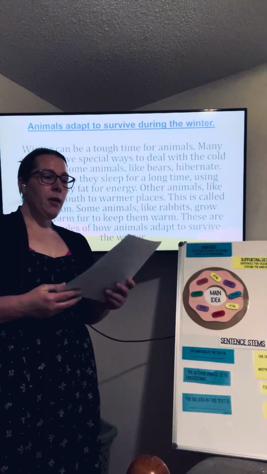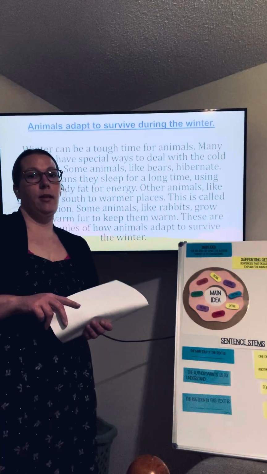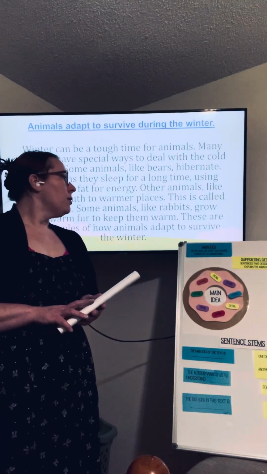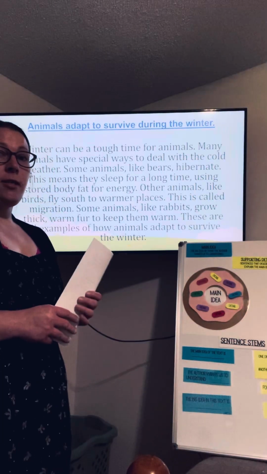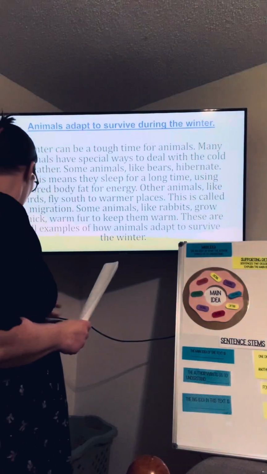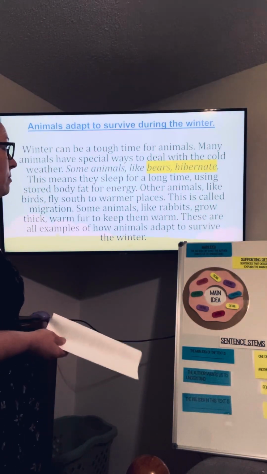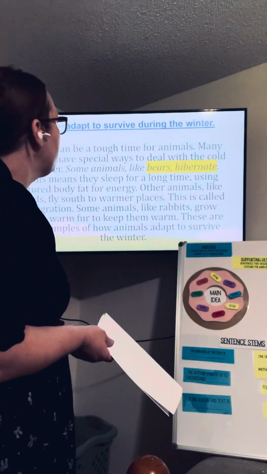And what are some of the clues the author gave me about this main idea? Some of the supporting details that I picked up on were that bears hibernate. Well, I know that bears hibernate in the winter.